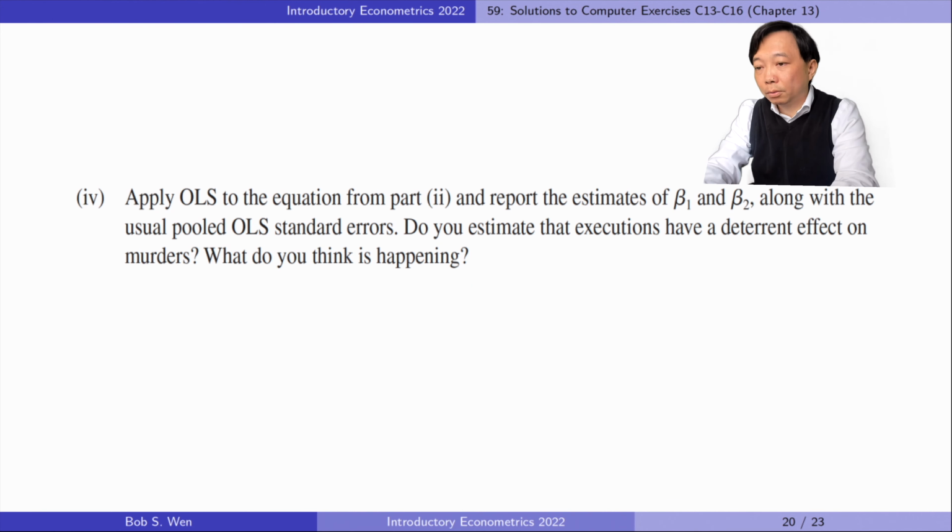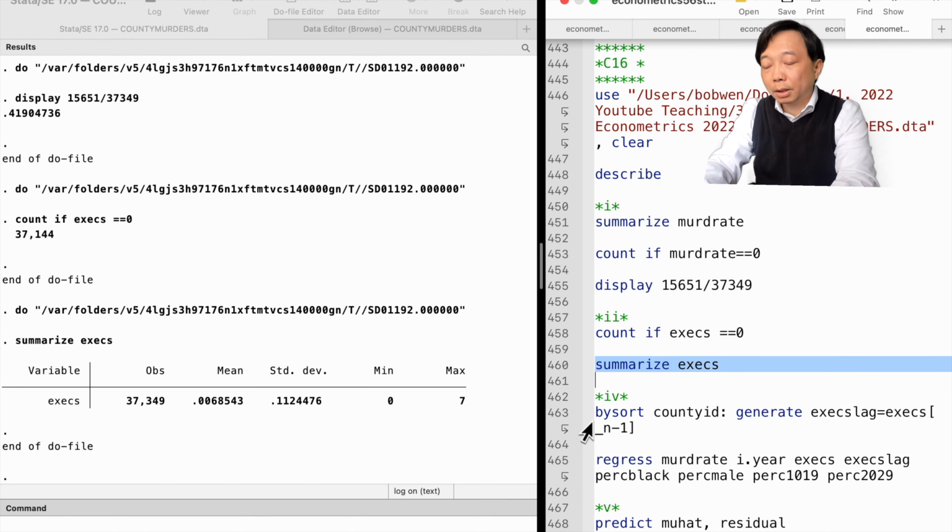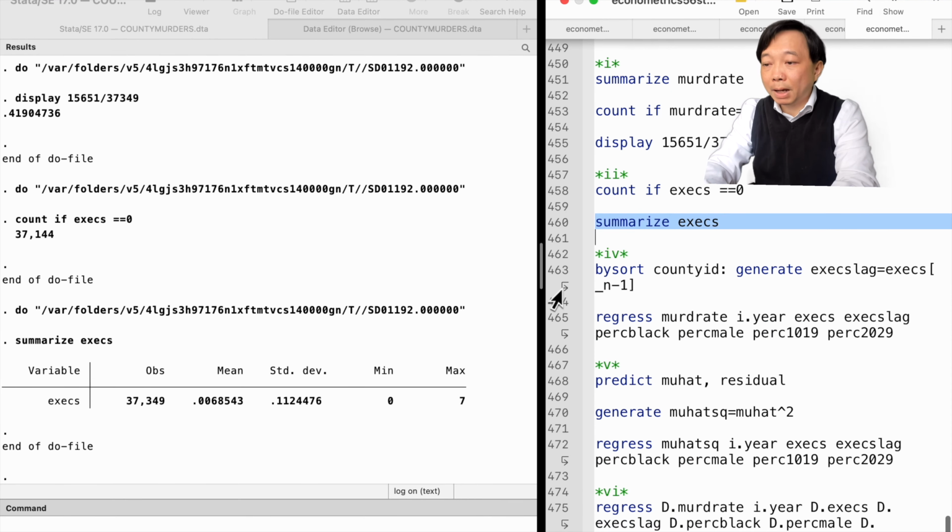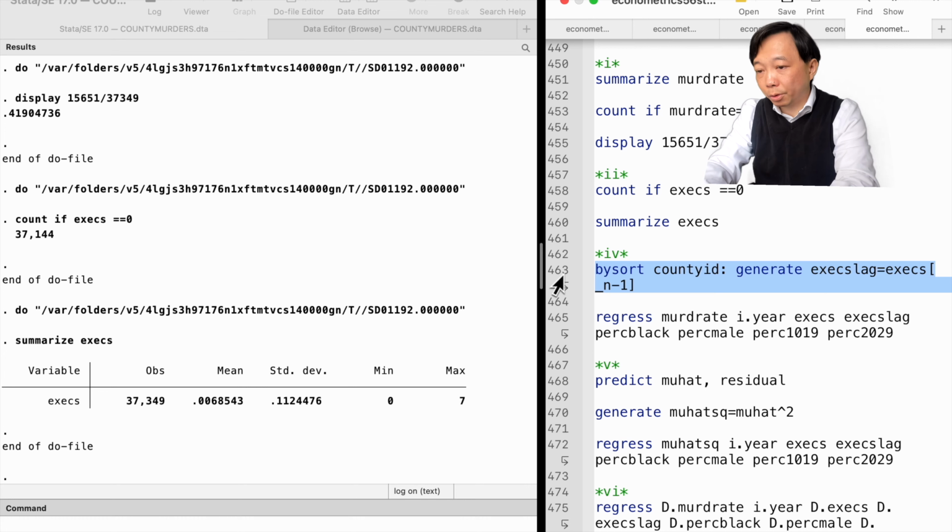In Part 4, we apply OLS to the equation from the last part and report the estimates of beta 1 and beta 2 along with the usual pooled OLS standard errors. Do you estimate that executions have a deterrent effect on murders? We can use the by sort prefix to generate the first lag of the execution variable within each county.